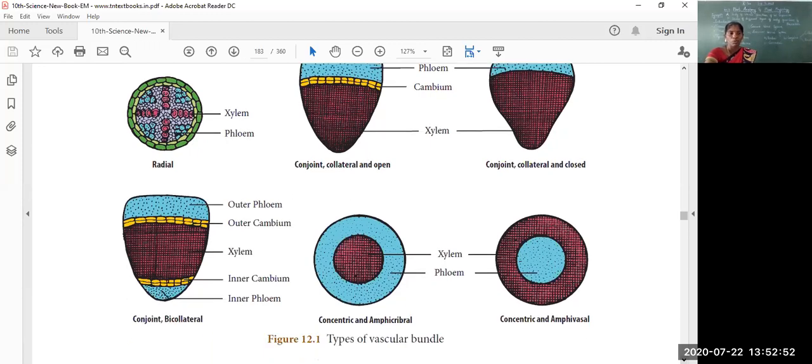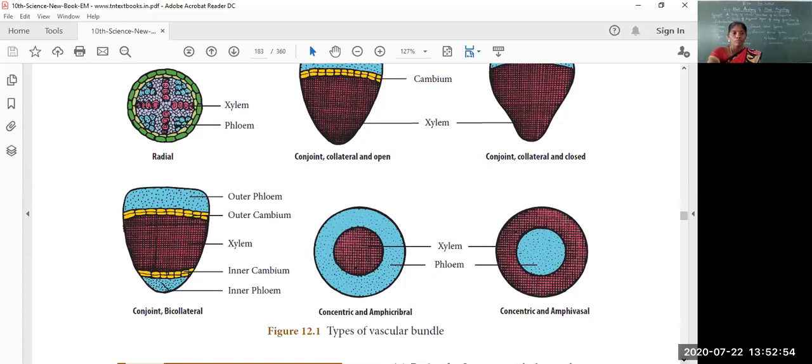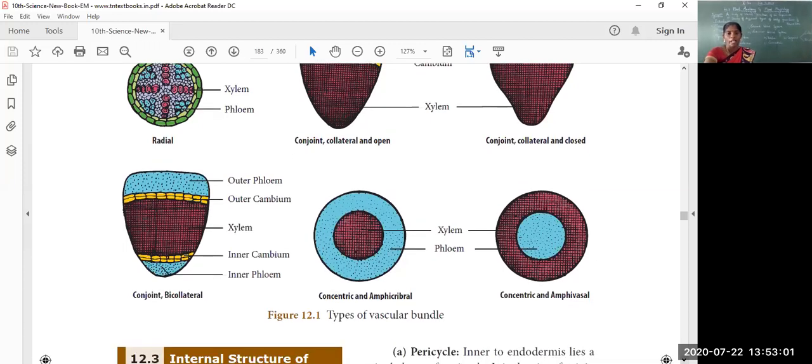Then bicollateral, both sides having phloem, outer and inner. Next, concentric types, amphicribal and amphivasal. In amphicribal, xylem lies towards the center, phloem lies towards the periphery. In amphivasal, phloem lies towards the center and xylem lies towards the periphery.